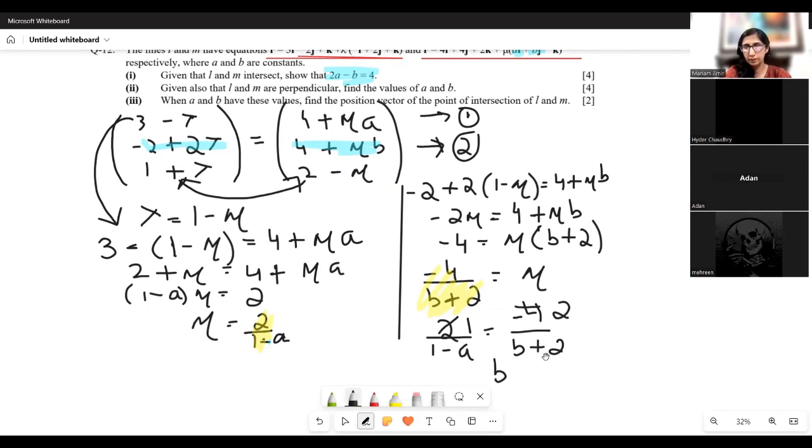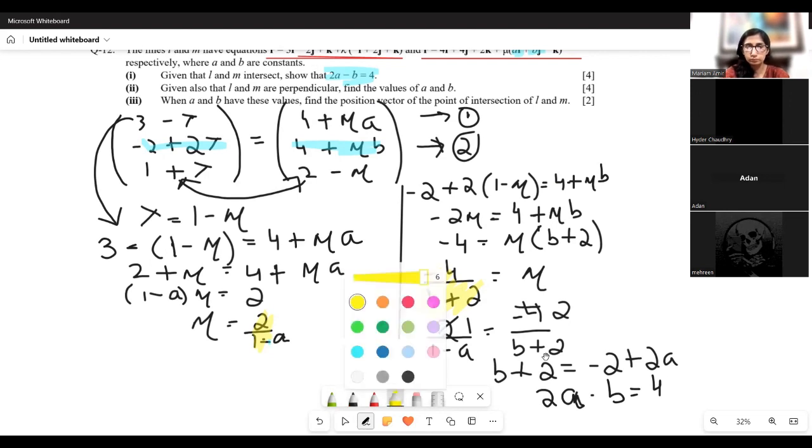So we have b plus 2 equals minus 2 plus 2a. So I'm getting 2a minus b is equal to 4. Thank God. So we got the required equation, 2a minus b is equal to 4. That is how we were to do part 2. Any questions here?